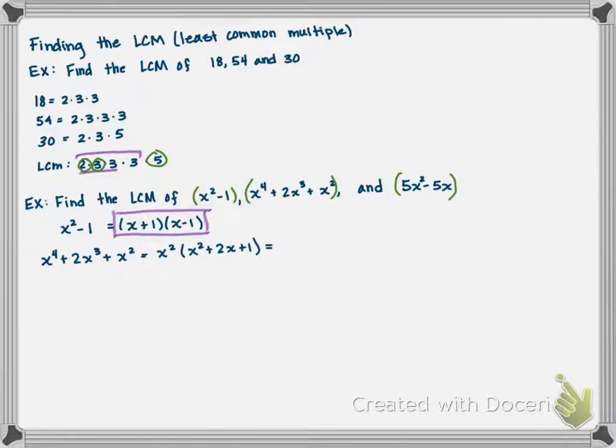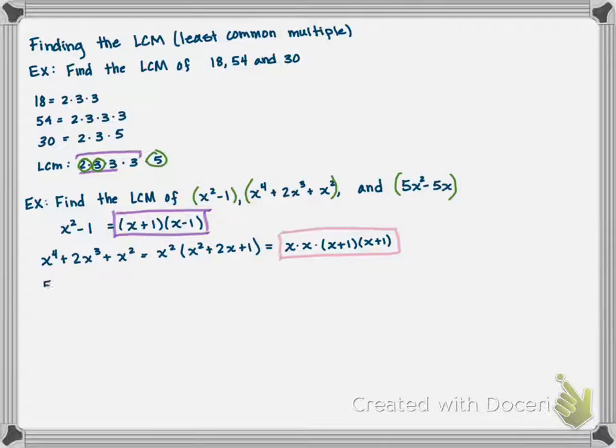So we'll do prime factorization for that GCF. So that's x times x. And then x squared plus 2x plus 1 factors as x plus 1 times x plus 1, which I just got by doing the AC method. So this is my second factorization for my second polynomial.